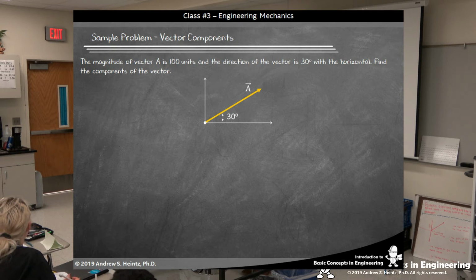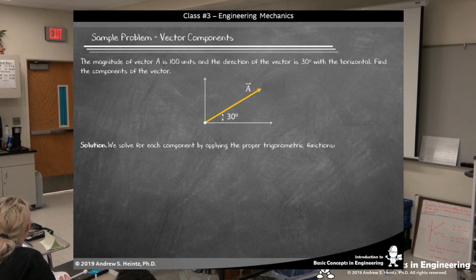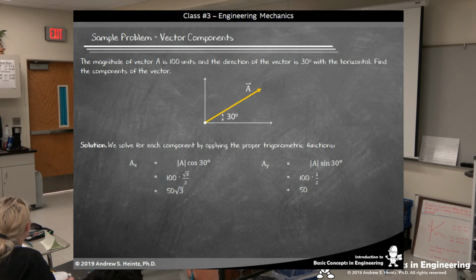All right, so what did you get for the x component? Around 86. Okay, so how did you do it? Okay, 100 cosine of 30, so 100 times root 3 over 2 equals 50 root 3, which equals around 86.